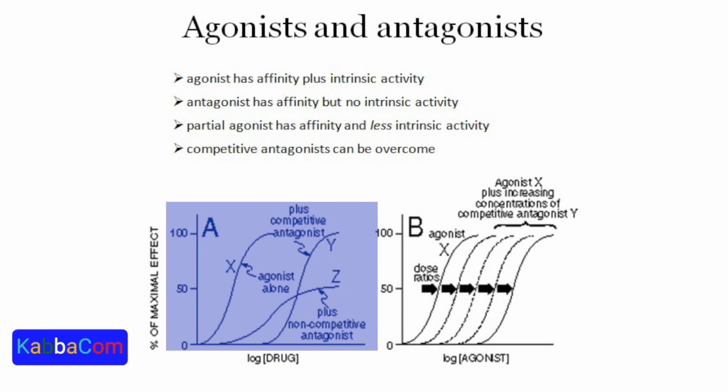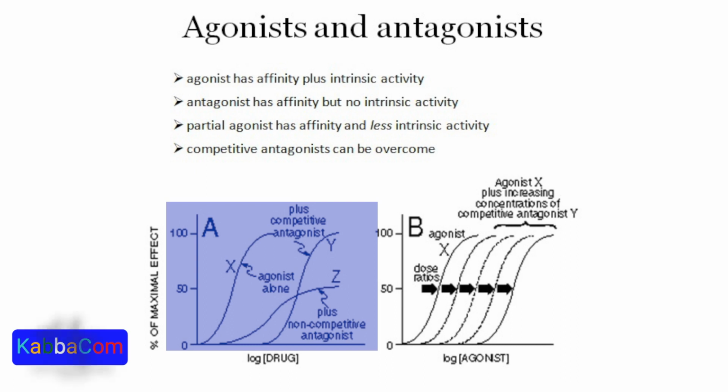However, if you have an antagonist in competition, then to achieve a maximal response, or the same response, you have to increase the amount of the agonist. And so as a result, we say that the curve shifts to the right.